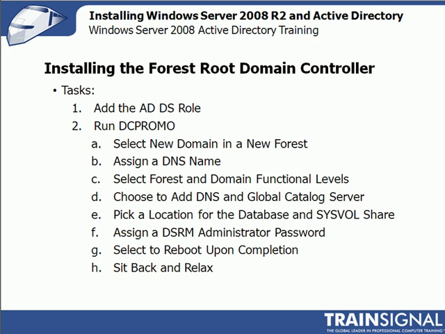We will need to give a location for the database, the actual Active Directory database, and the sysvol share. We will need to assign a directory services restore mode administrator password. That's what DSRM stands for, directory services restore mode. That is, again, something we'll talk about in a later lesson in this course.